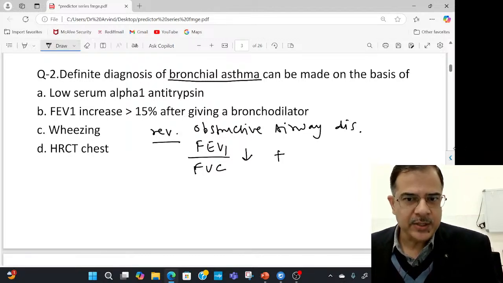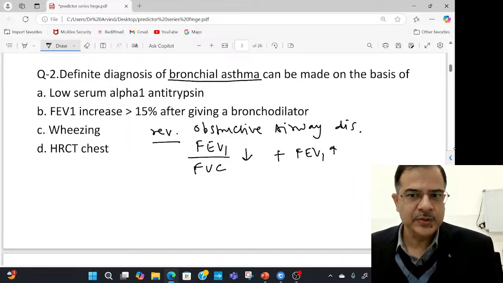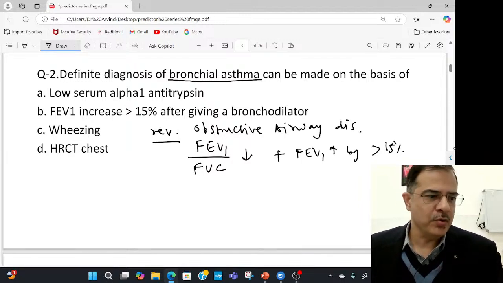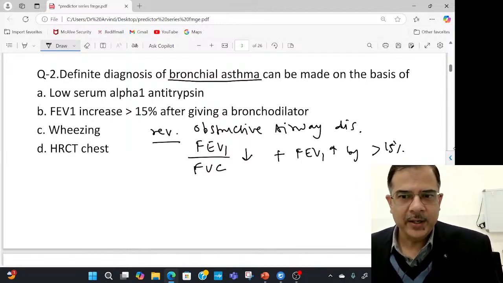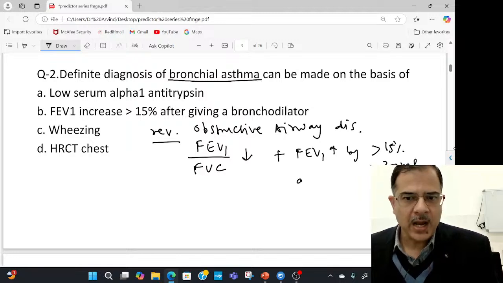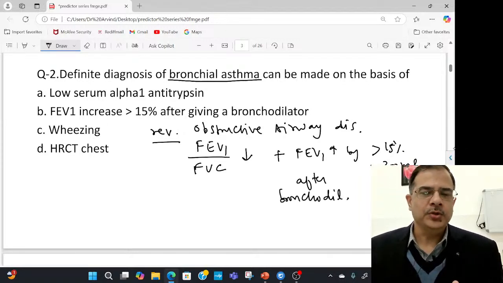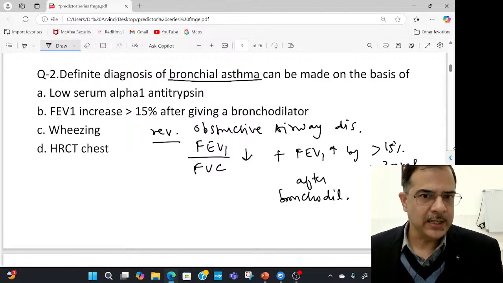So in that case, you have to prove that FEV1 should increase by more than 15% after a bronchodilator test, and the absolute value will be more than 200 ml after bronchodilation. So that will prove it is a case of bronchial asthma.